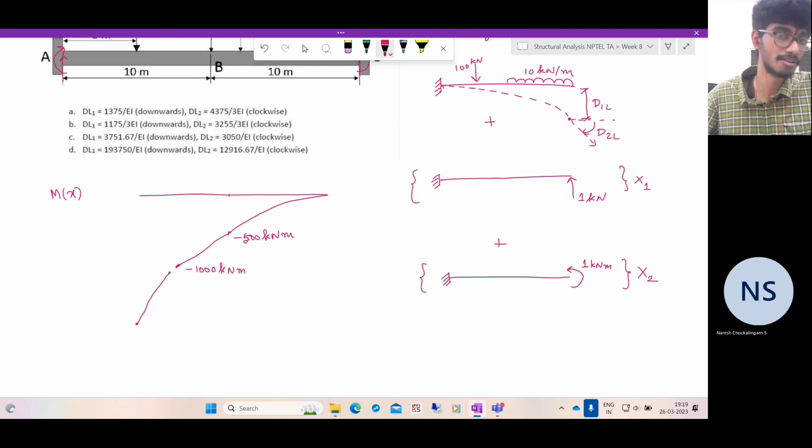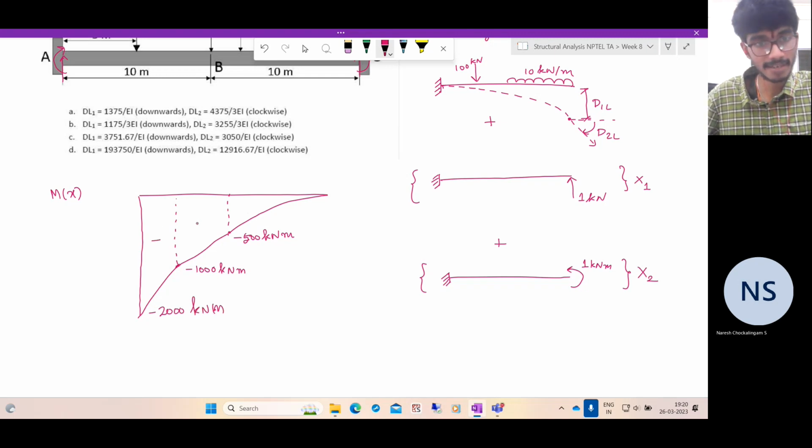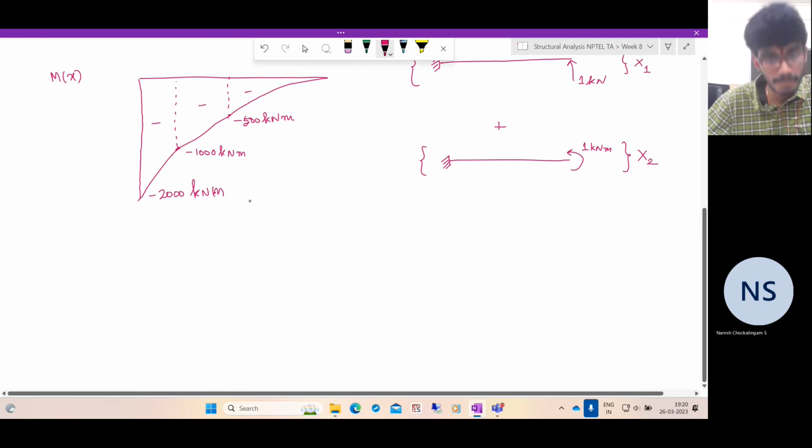So again, it is linear because there is no distributed load. Here it is minus 2000 kilonewton meters. And everywhere it is negative because it is hogging. The beam bends in this.